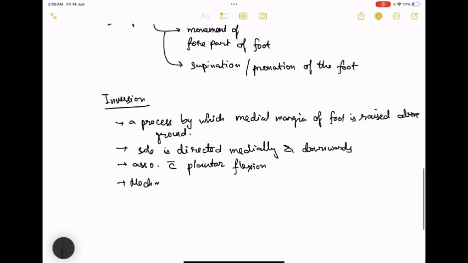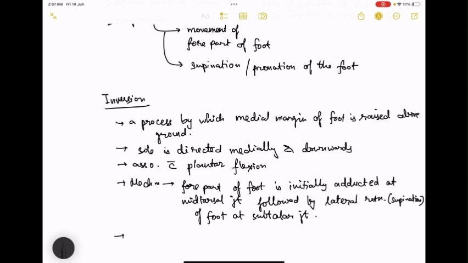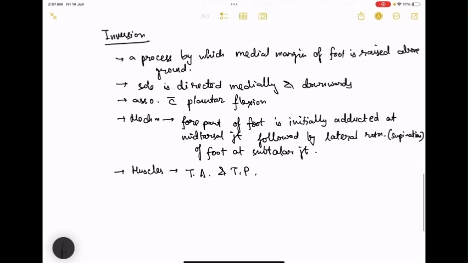Mechanism: forepart of foot is initially adducted at mid-tarsal joint, followed by medial rotation or supination of foot at subtalar joint. Muscles acting: tibialis anterior and tibialis posterior. I'm just writing the short forms.